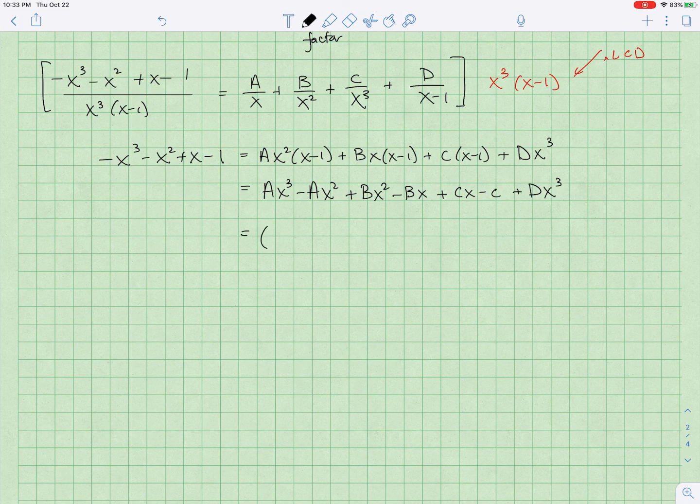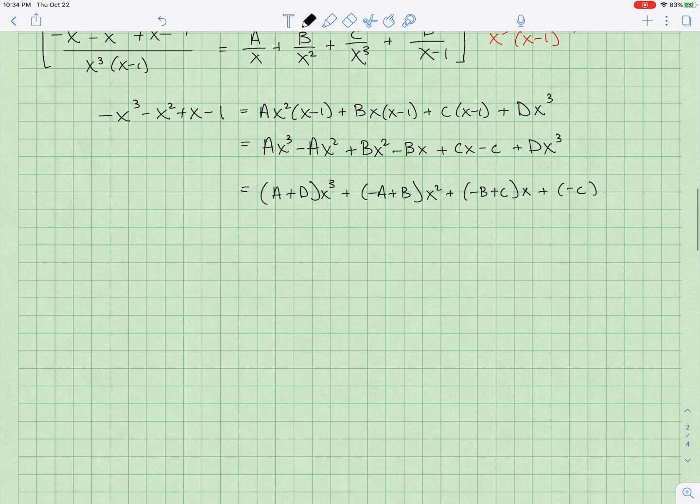And when we group our like terms, we have an a plus d x cubed, and we have a negative a plus b x squared. We have a negative b plus c x, and then we have a negative c for our constant. And so equating coefficients, a plus d must be negative 1.